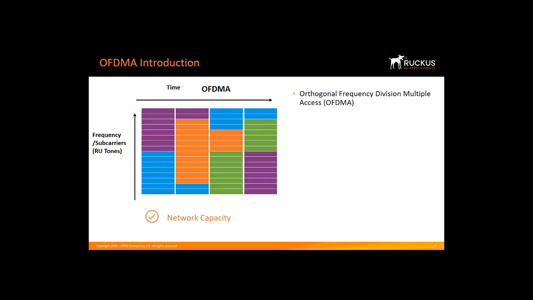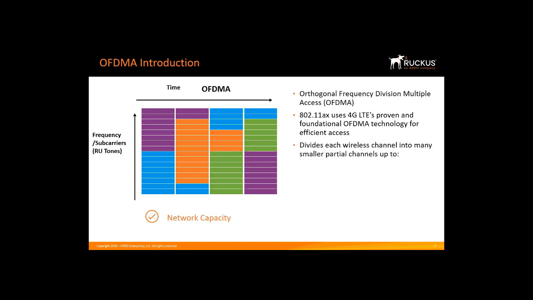Perhaps the biggest change is a feature called Orthogonal Frequency Division Multiple Access, or OFDMA. 802.11ax uses 4G LTE's proven and foundational OFDMA technology for efficient access. This OFDMA technology allows multiple users with varying bandwidth needs to be served simultaneously. What it does is chop up each wireless channel into many smaller partial channels.